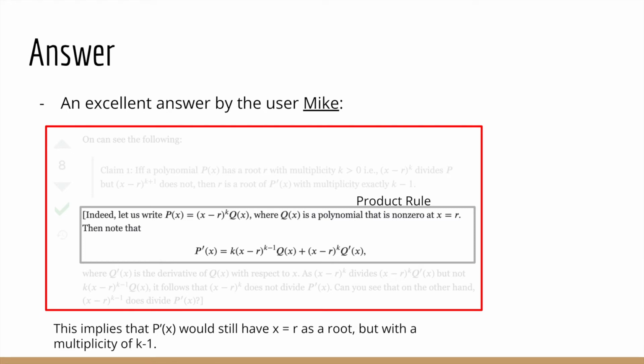Then by the product rule, we have this expression of p'(x), from which we can deduce, mainly from the first term, that p'(x) would still have x equal to r as a root, but with a multiplicity of k minus 1. Or you can say that the multiplicity is reduced by 1.